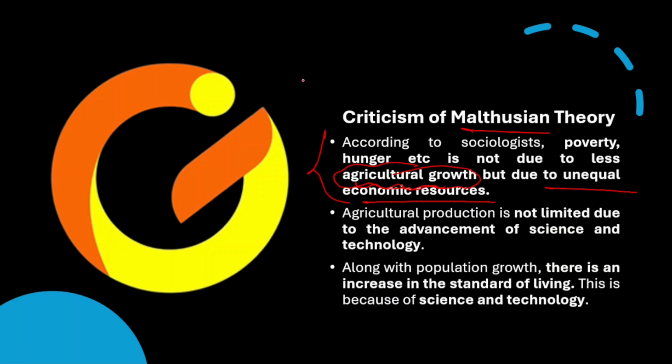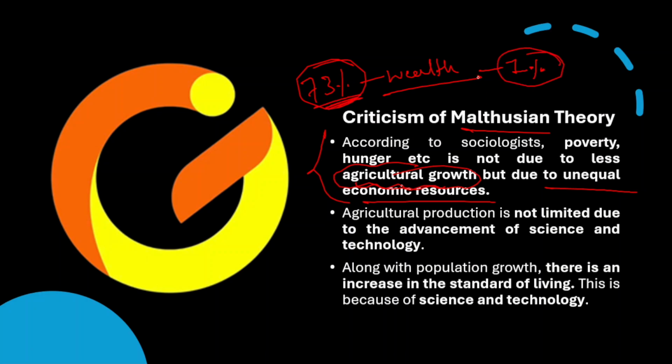According to a recent survey in India, 73% of India's wealth rests with just 1% of the population. Wow, what an unacceptable thing. 73% of India's wealth rests with only 1% of the population, right? So think about it. Agriculture is not the only reason, but actually what is the reason? Unequal distribution of economic resources is also the reason, right?